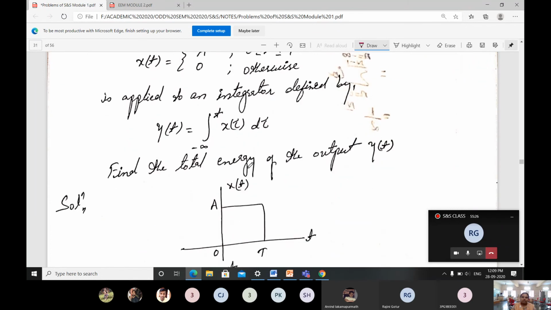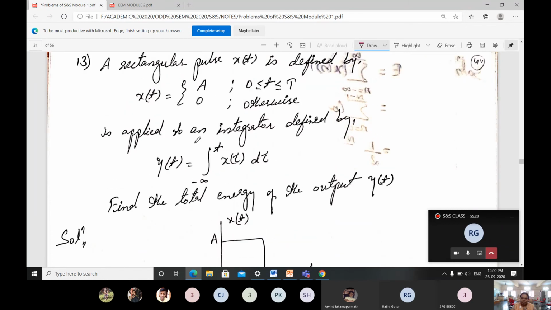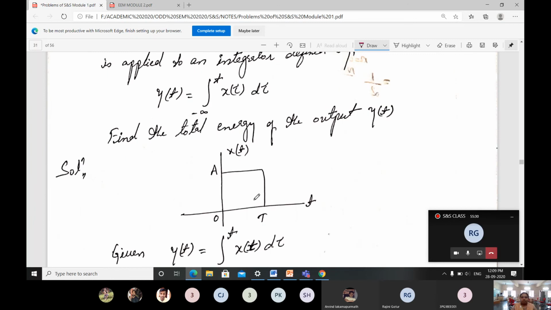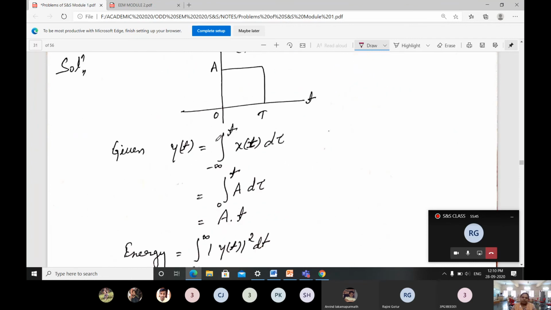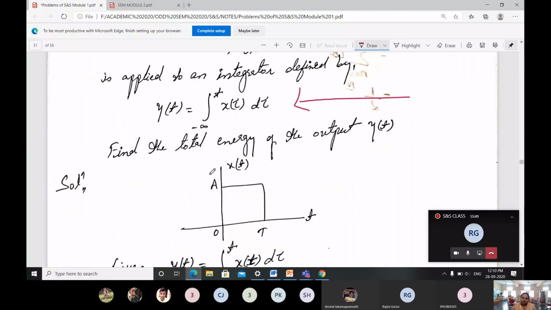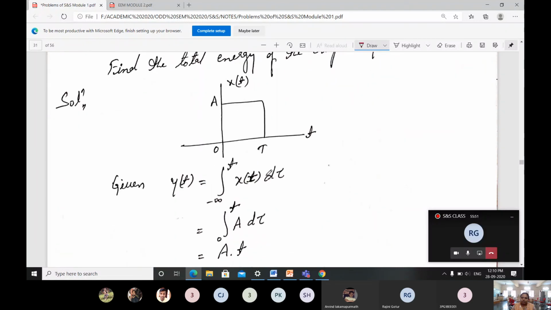Here x of t is from 0 to T with the amplitude as A only. What they asked? First it is going to be integrated. Same thing as we did in differentiation, here it is going to be integration. So apply that. Use the integration equation, that is minus infinity to t x of tau d tau. What is x of tau?